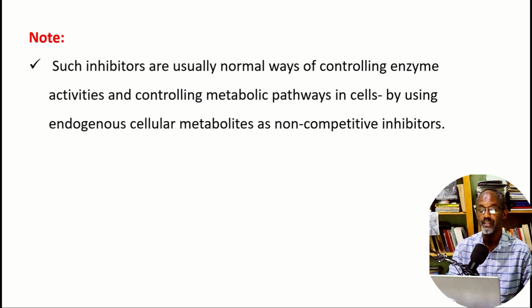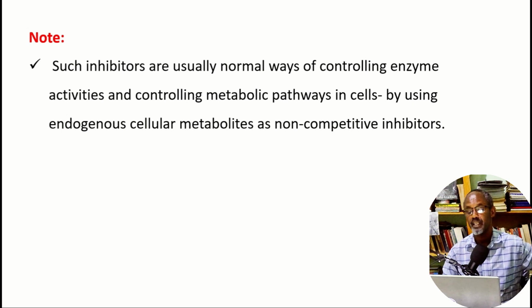One way of controlling the activity of enzymes, if you don't need the product, is inhibiting their activities. One way of inhibition is by using non-competitive inhibitors, which are part of the metabolic products of the cell. Endogenous cellular metabolites are not something that comes from outside, in our food or a drug that you put in your body. They are part of the chemical reaction process.